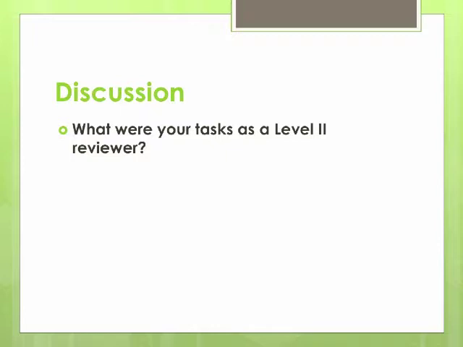All right, level 2ers. What sort of things did you find as a level 2 reviewer? What was helpful? The fire article was helpful. That explained a lot. Yeah, the plots, the graphs really help a lot, don't they?